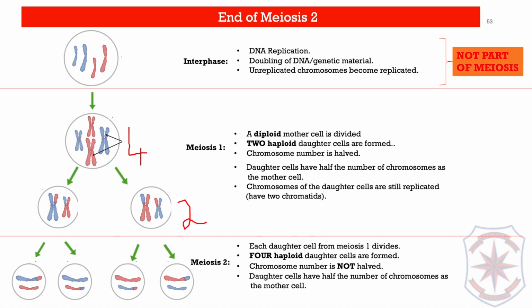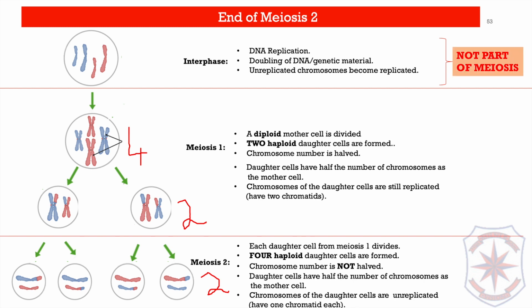Okay? So, during meiosis 2, we start by dividing daughter cells with 2 chromosomes each, and then at the end of meiosis 2, we are going to end with exactly that number that we started with at the beginning of meiosis 2, which is 2.